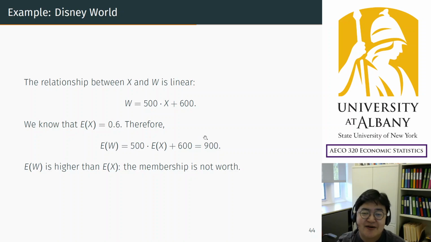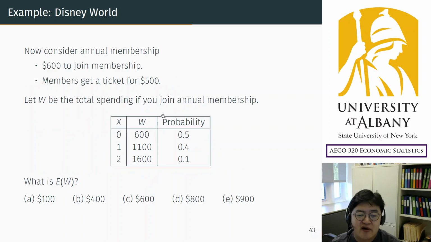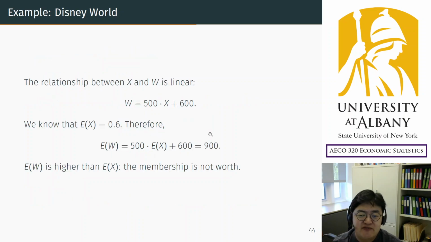And again, it is higher than $600, which was the expected spending without any discounts, just regular price. So as a result, the right decision is not to buy this membership. The annual fee is too high, or you are too likely to not use the membership at all. With 50% probability, you are going to lose the membership fee.